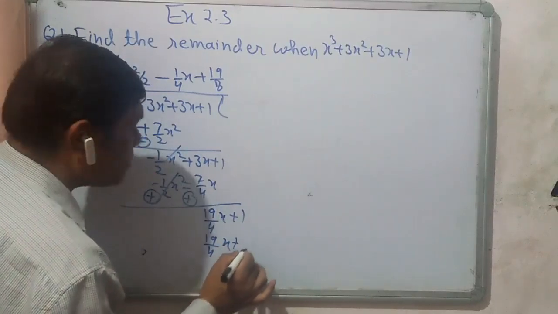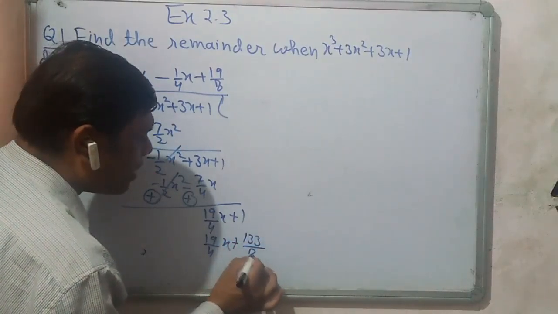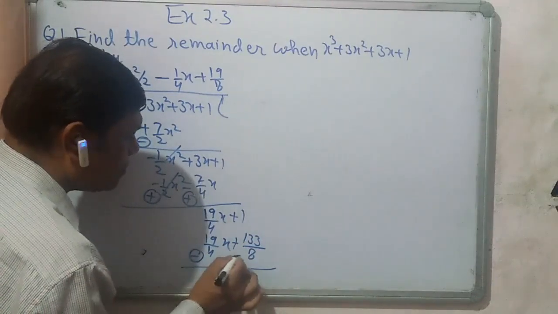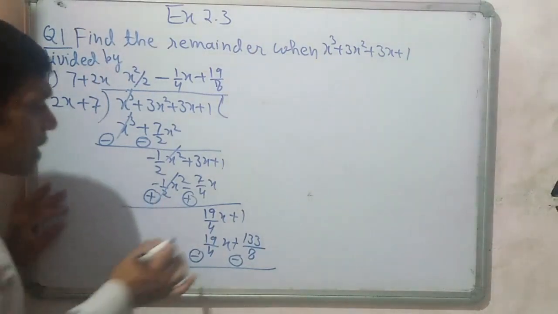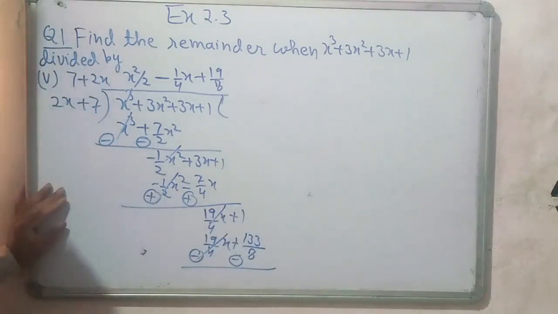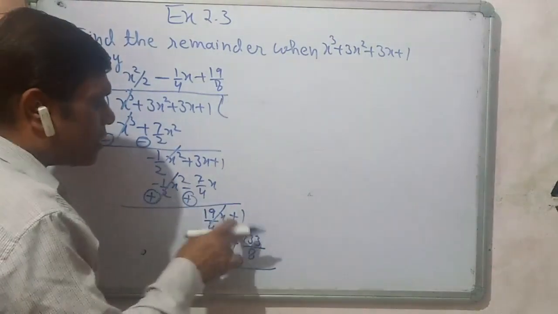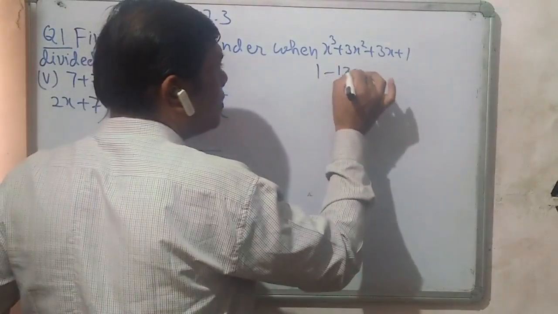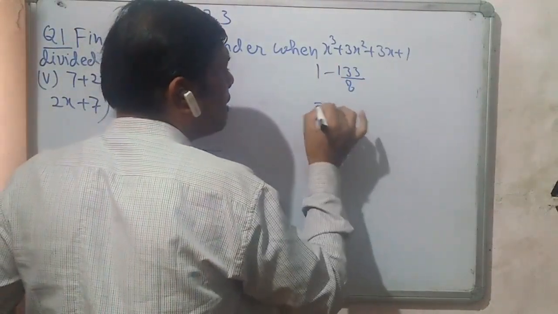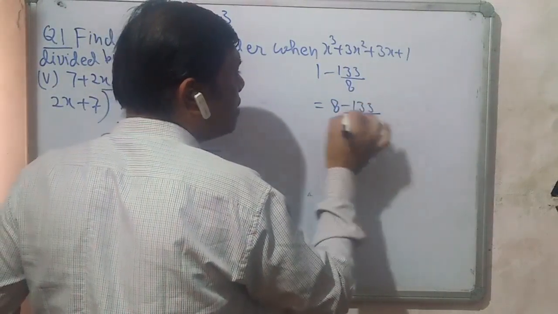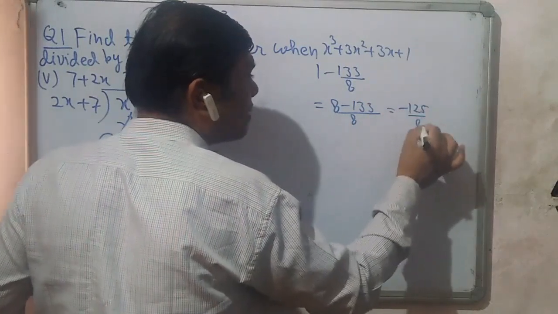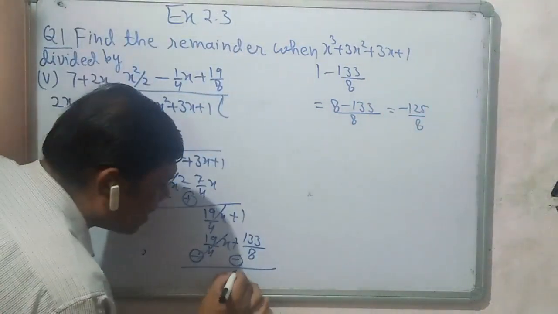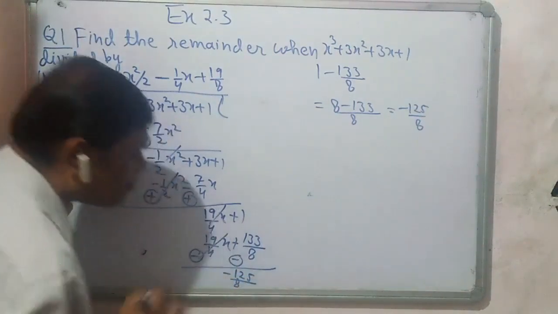So it should be plus 133/8. Theek, got it? Can we cancel it? How much is 1 minus 133/8? What we are getting is 8 minus 133 whole upon 8, minus 125/8. So what we are getting is minus 125/8.